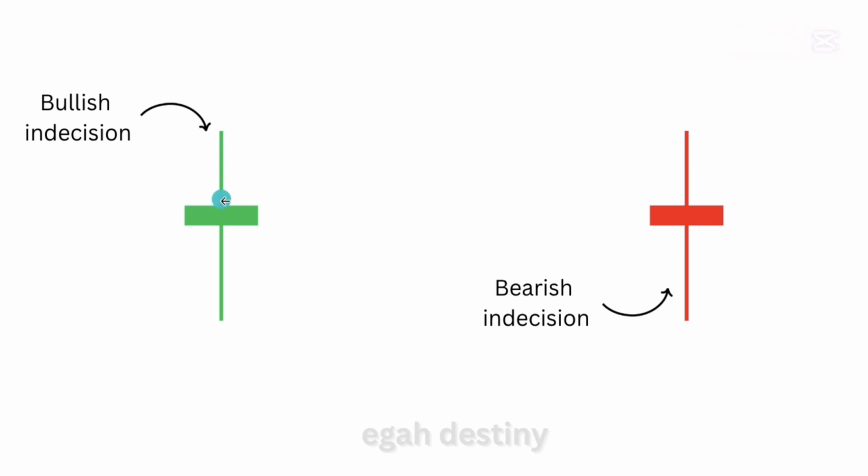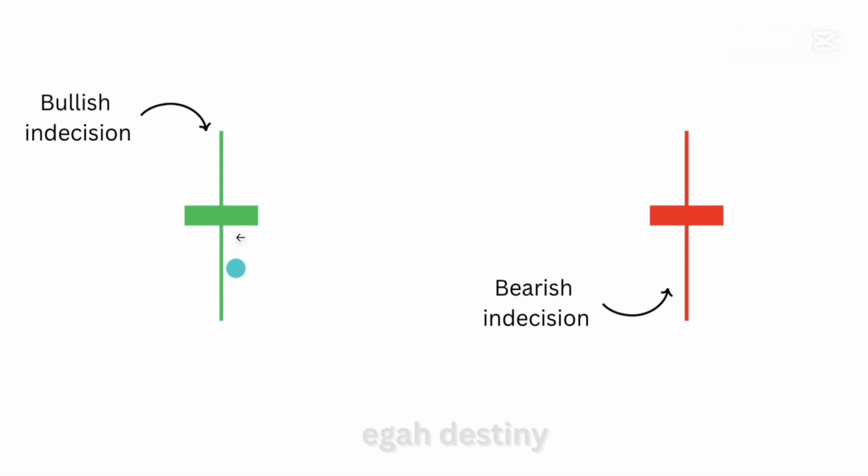Now, an indecision candlestick usually has little to no body, in some cases no body at all, just a tiny dot. Now you see that when price started from this point, bullish, it pushed down here, right? Then sellers came in and also dragged the price to this point.